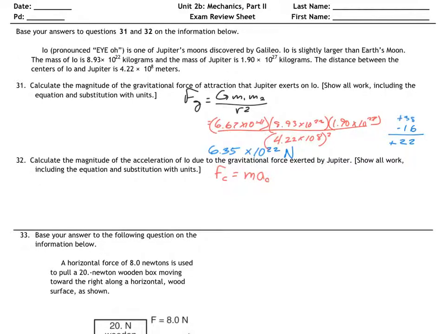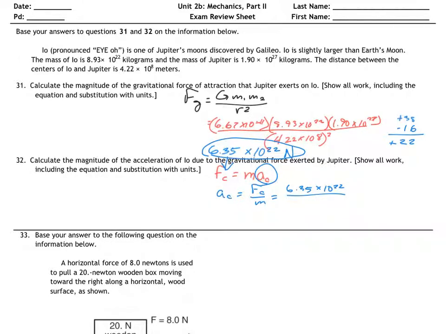Now, as I said, we were going to reuse this value for Fc. And we're actually solving for ac, which means that ac is Fc over m. And the centripetal force is going to be reused, so 6.35 times 10 to the 22. And we're going to divide that by the mass of Io.